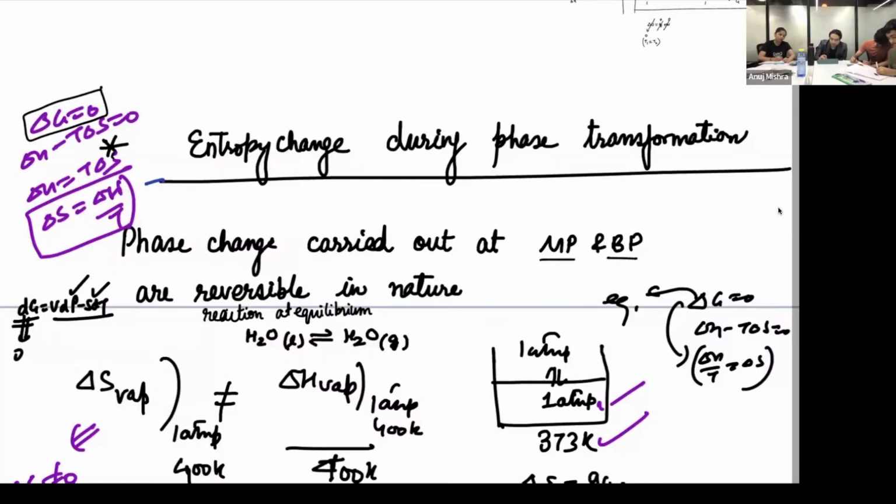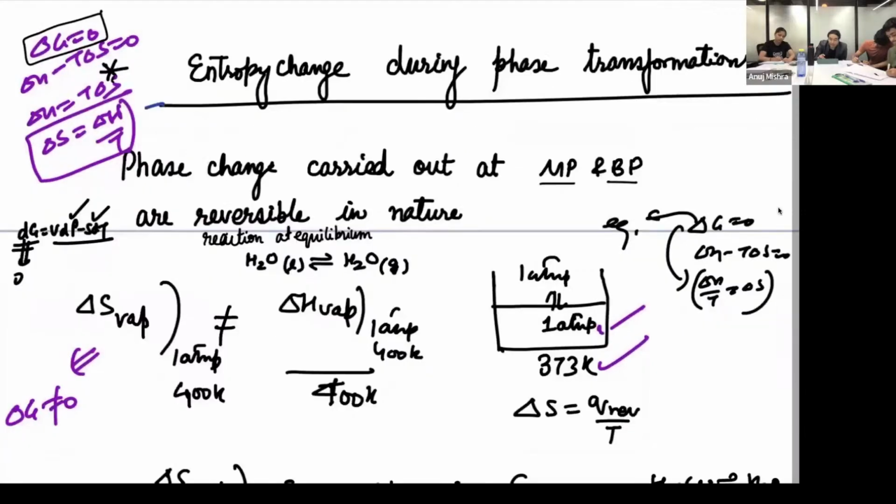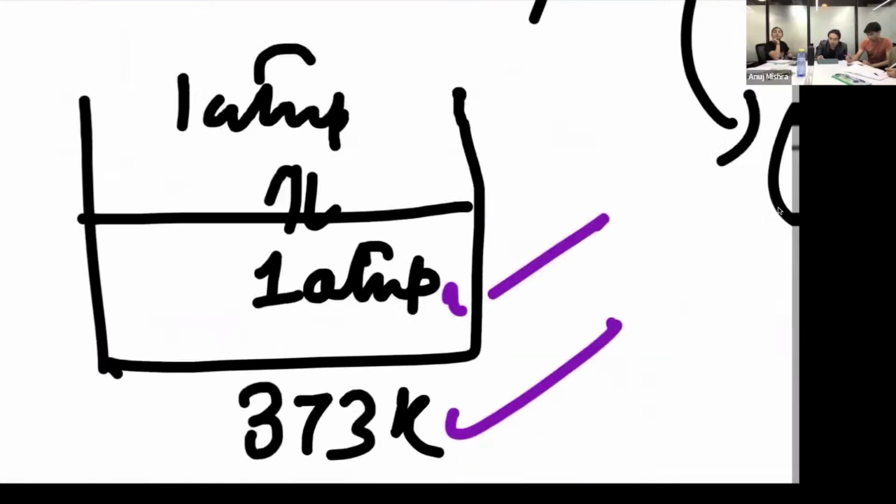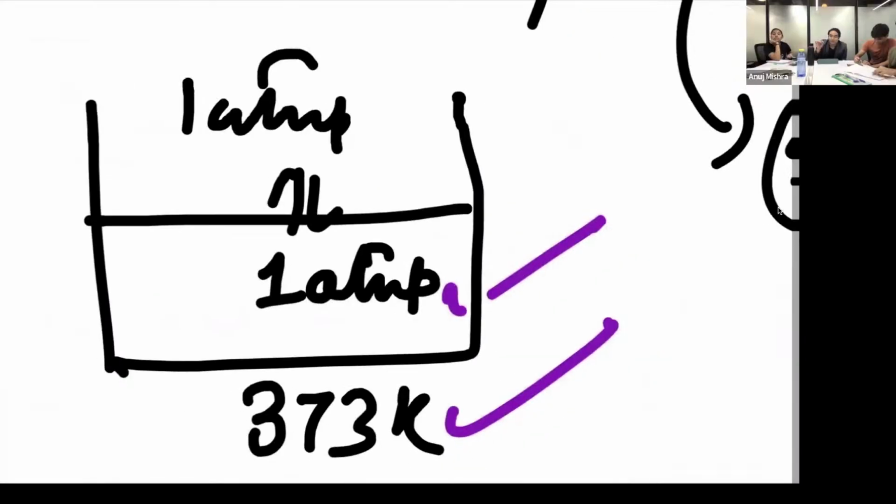Now please hear me out carefully. When you say delta H is T delta S, that is at equilibrium. If I'm talking about a liquid like water being vaporized at 1 atmospheric condition, what is the boiling point of water? 373 Kelvin. So you have to use that particular 373 Kelvin temperature in this formula.